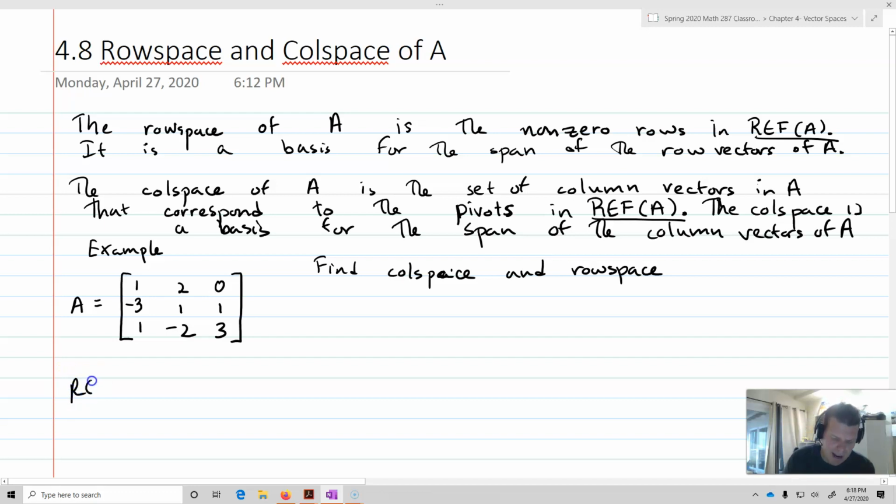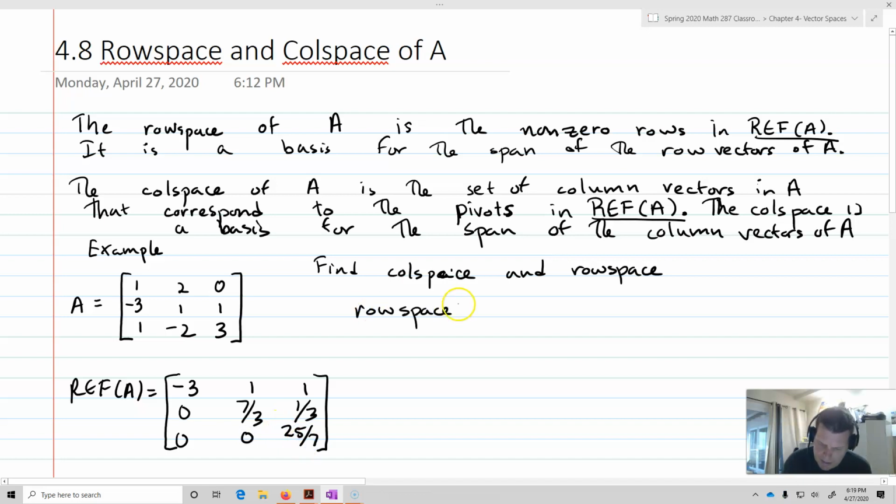So REF of A is going to end up equaling -3, 1, 1, 0, 7. So what I'll do first is find my row space. The row space of A will equal the non-zero rows of REF of A. So that's all three of the rows.